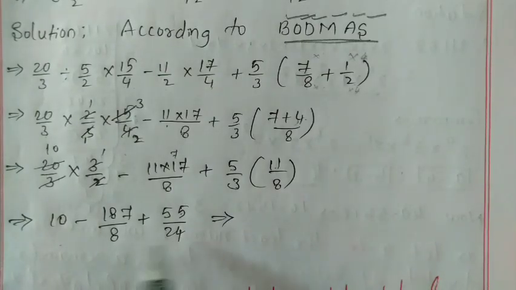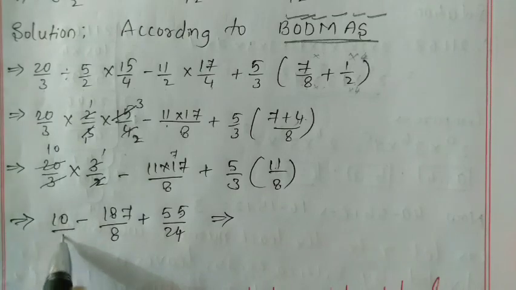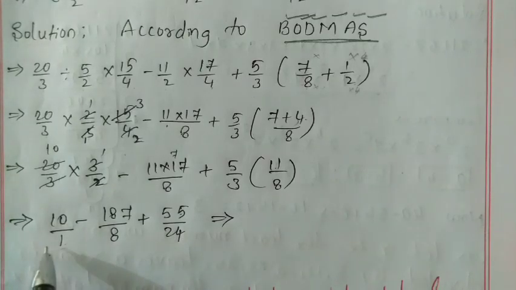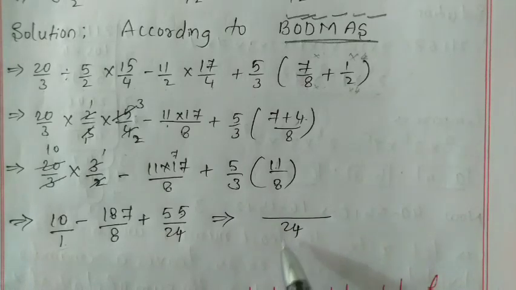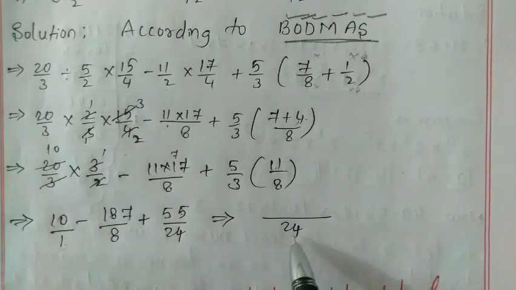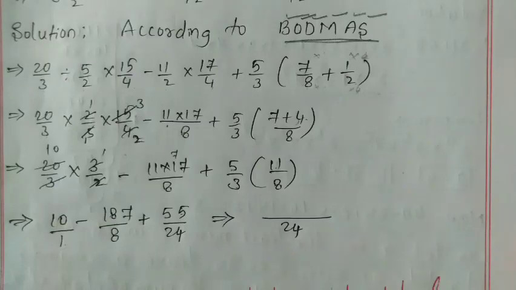Which equals, you can find the LCM of these, means the LCM of 8 and 24 you can find. LCM of 8 and 24 is 24 you can write.